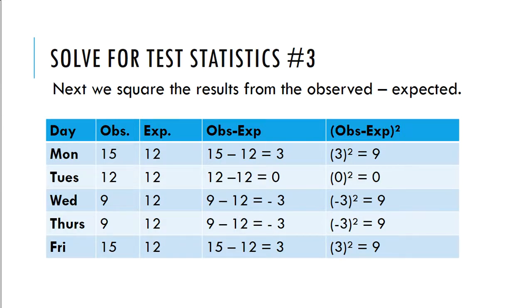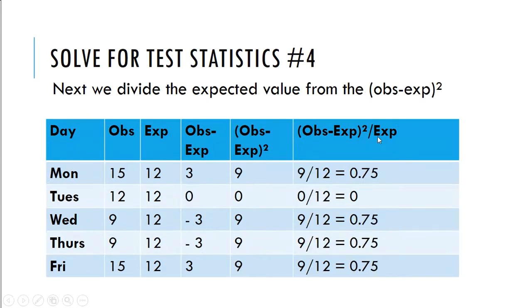This is why. All right, so all I do is square it. For here, I just squared 3 on Monday to get 9. 0 squared is 0. Negative 3 squared is 9. Remember, when you square a negative, what happens? It becomes a positive. Okay, so that's observed minus expected squared.